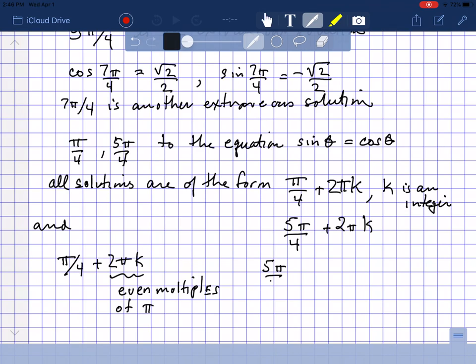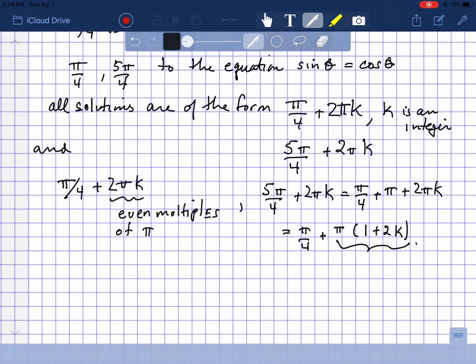And over here, I'm going to write this 5 pi over 4 plus 2 pi k as pi over 4 plus pi plus 2 pi k. All right? And this in turn is equal to pi over 4 plus pi times 1 plus 2k. Now, these are all the odd multiples of pi.